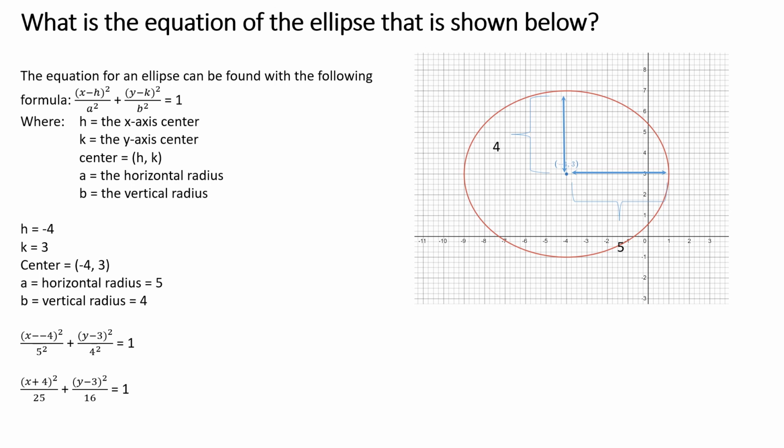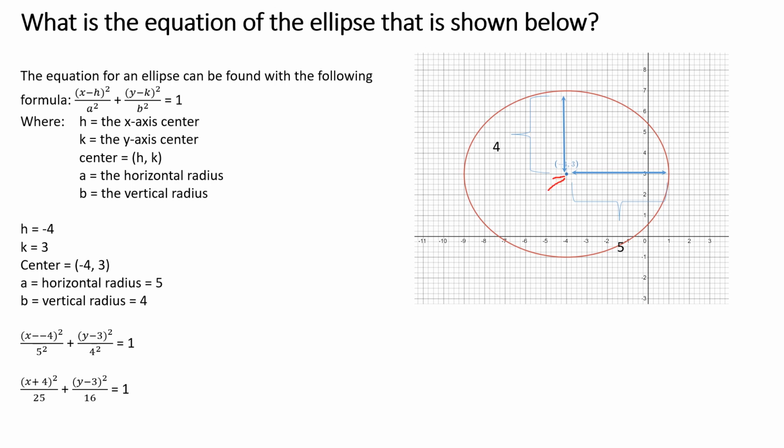Here's another one. If I look at this, well, x minus h squared over a squared plus y minus k squared over b squared equals 1. And if my h is negative 4 and my k is 3, that means it's going to be located at negative 4, 3 for my center point right there.